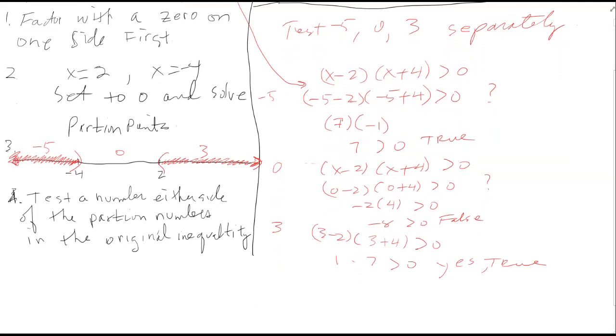So you could say then your form for your solution, here's the graph of it, and then your interval form, you could write it this way. Interval notation looks like this: negative infinity up to the negative 4, unioned with 2 up to infinity.